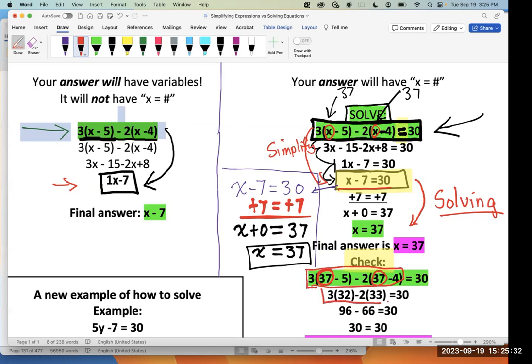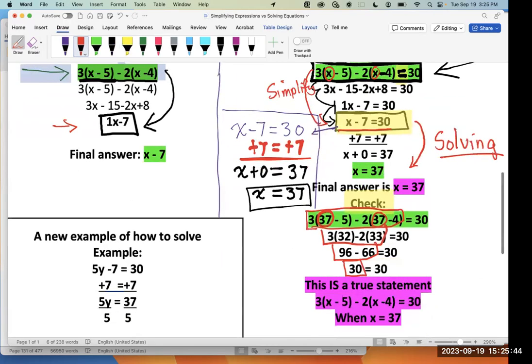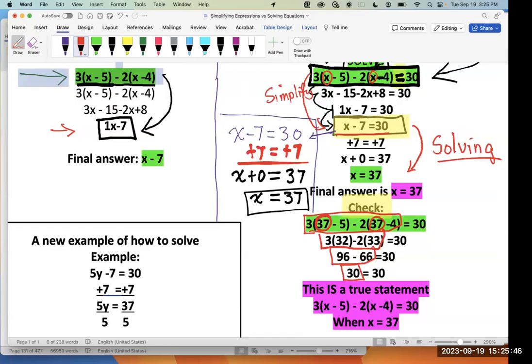This expression continues to simplify, and it simplifies all the way down to 30. And that is a true statement. So I have proven that when x is 37, the original equation will be true. So x equals 37 is my solution.